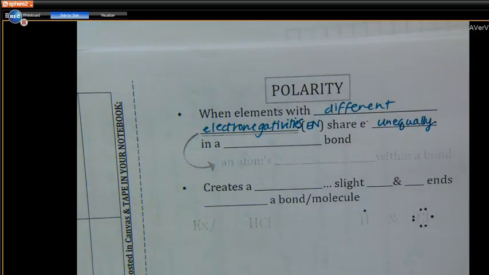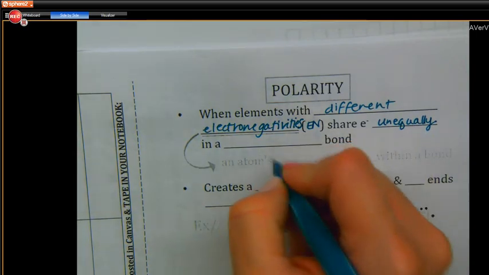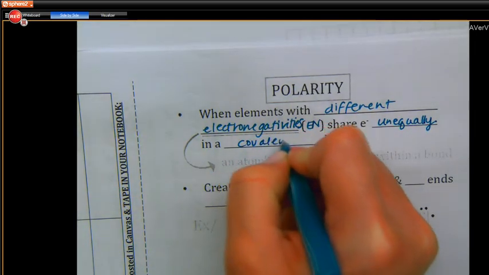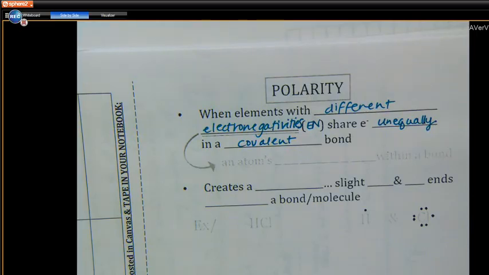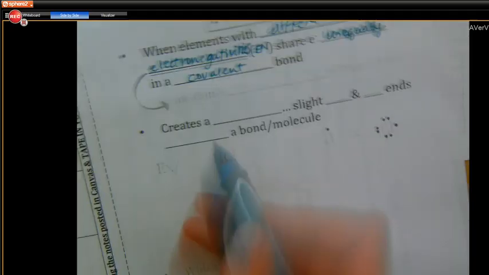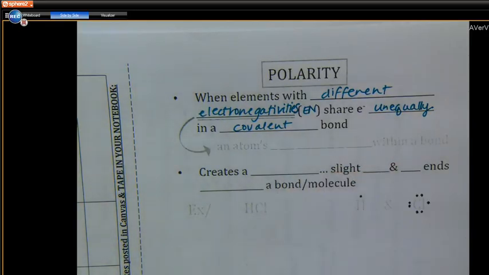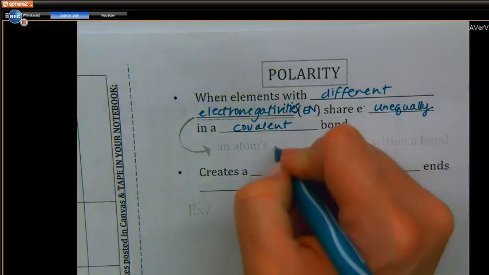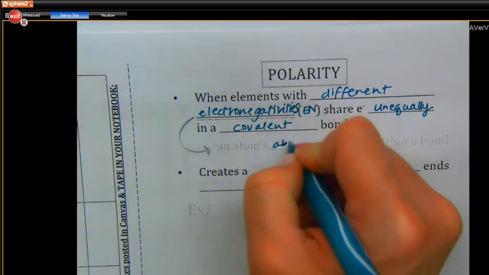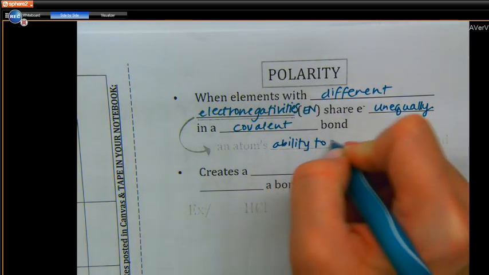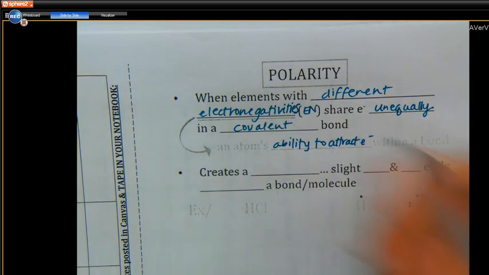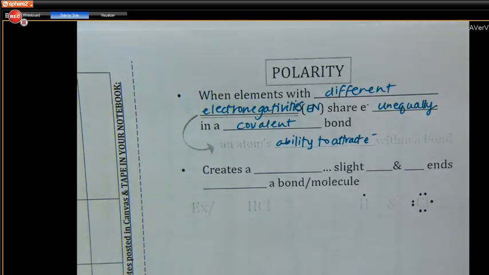When we have this unequal share of electrons, this creates what we like to refer to as a dipole, where we get slight positive and slight negative ends within a bond or even within a molecule. So for example, if I have HCl, HCl is a hydrogen with 1 valence electron and a chlorine with 7, okay?